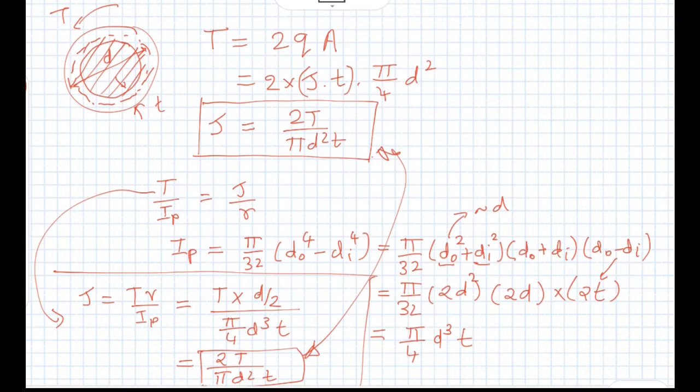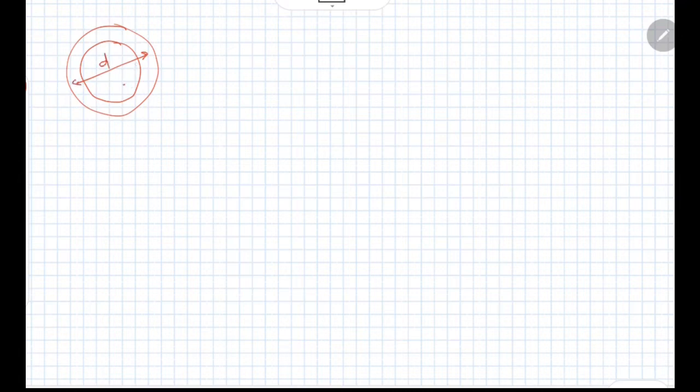Let's now find out the angle of twist per unit length for this case. So I will draw the figure once again. We are having a tube of mean diameter d, thickness t, and is subjected to torque T. The angle of twist per unit length is given as Q divided by 2AG multiplied by the path integral ds by t.